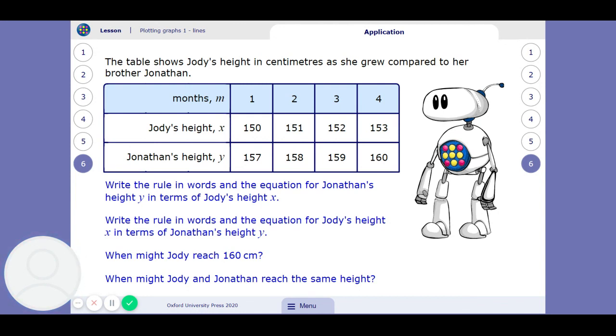When might Jodie reach 160 centimeters? Well, it seems to be growing 1 centimeter a month, so it's going to be another 7 months on, maybe month 11. When might they reach the same height? Well, if you follow the equation, it would tell you never, because they're always going to be 7 centimeters different.